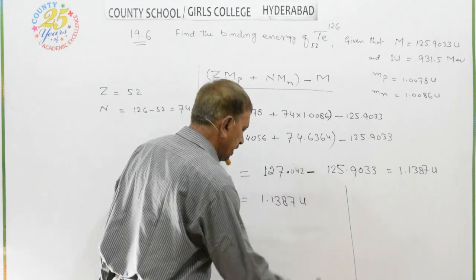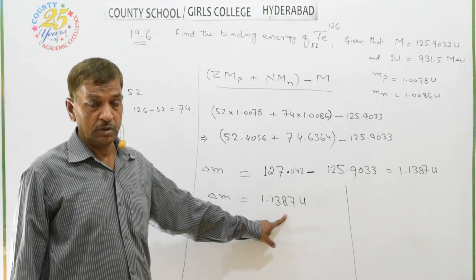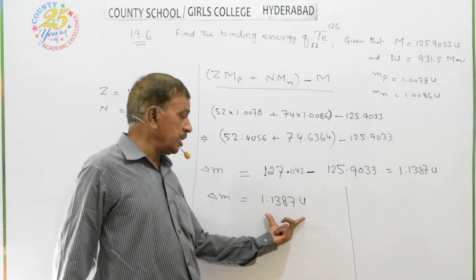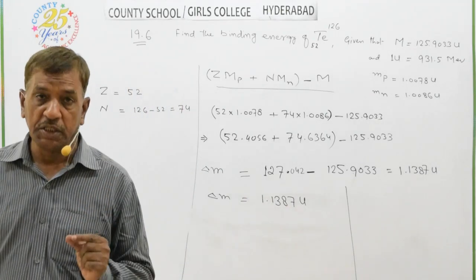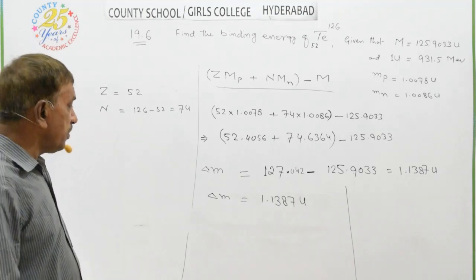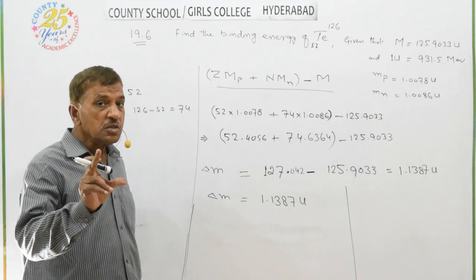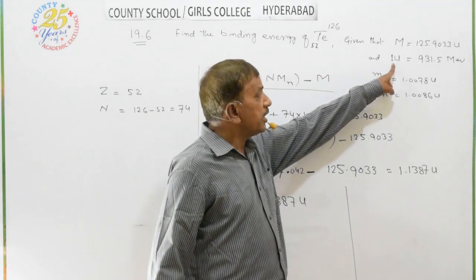So dear students, this mass is to be converted into energy. That energy which we obtain by converting this mass into energy is known as the binding energy of tellurium. Tellurium has binding energy. But there is a condition. How much energy is obtained when 1 U is converted into energy?